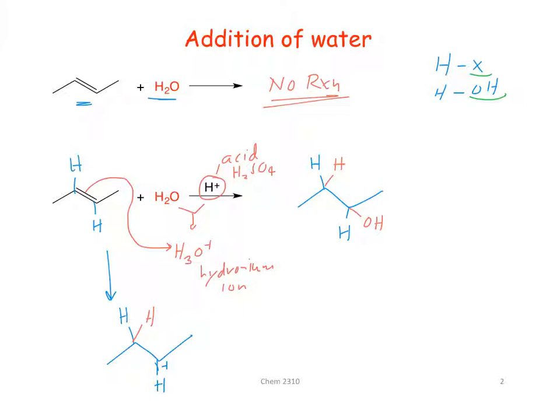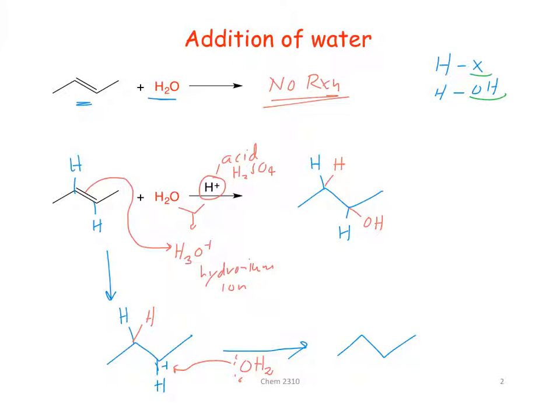That carbocation can react with a nucleophile. In the past reaction, the nucleophile was bromide or chloride. In this case, the nucleophile is a water molecule. The water molecule has 2 pairs of non-bonding electrons on the oxygen, and those, the delta plus there, can be attracted to the plus of the carbocation.